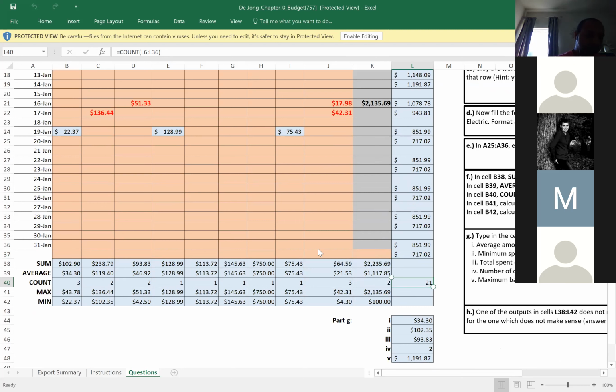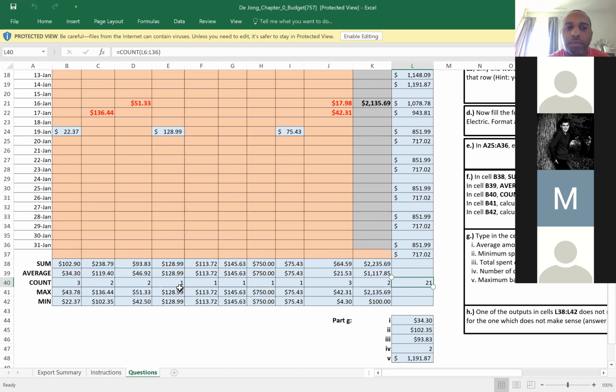I did the formula where I put in a formula for the first cell, and then if you hover over the highlighted box, that gives you a black cross, and I just dragged it all the way down to the 31st of January and it gave me 717.02. And then when I did count, it gave me 21.